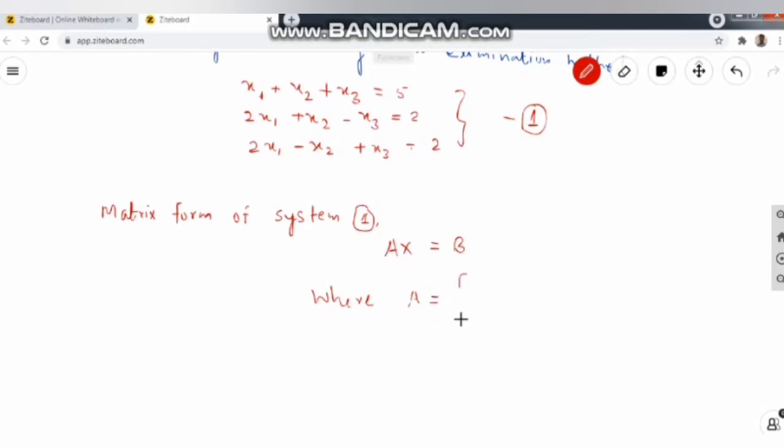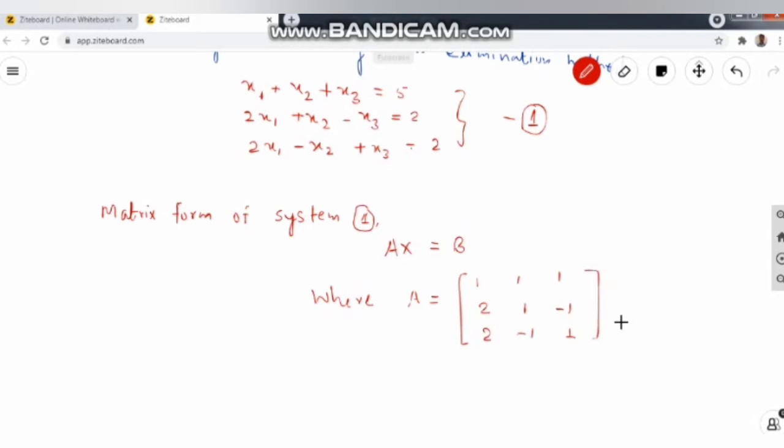A is the coefficient matrix, that means 1, 1, 1, 2, 1, minus 1, 2, minus 1, and 1.